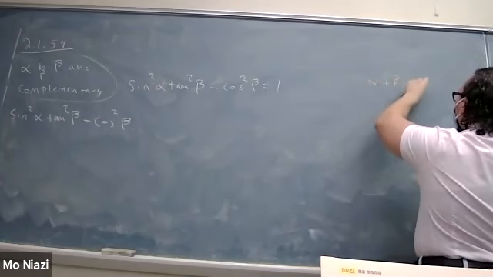Can you move 1 over? Yeah, you can, but then you get cotangent squared alpha is equal to cosecant squared alpha minus 1. So you can replace that with cosecant squared alpha minus 1.